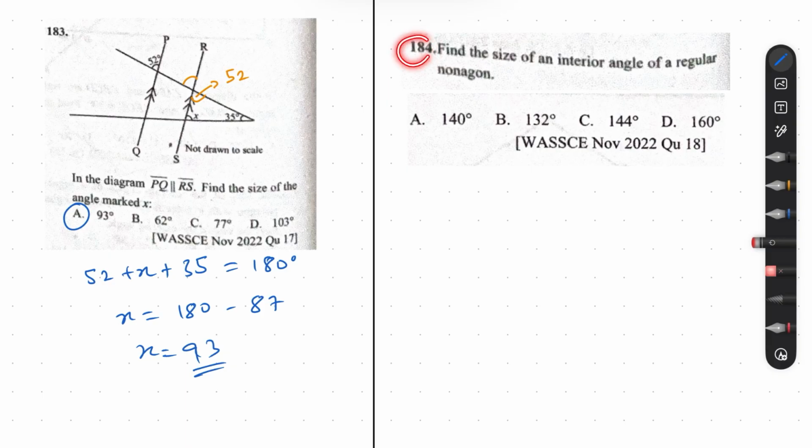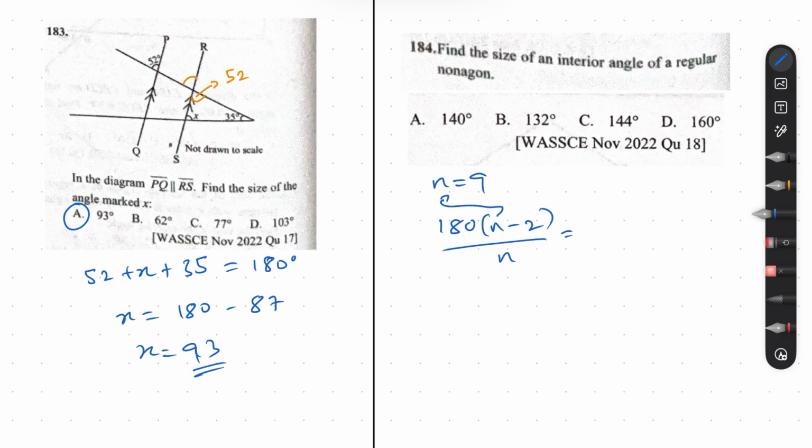Alright, let's move on to question number 184. 184 says, find the size of an interior angle of a regular nonagon. Nonagon here means a 9-sided polygon. So the number of sides, N, equals 9. We know our formula for finding the interior angle to be 180 times (n minus 2) divided by n, and our n here is equal to 9.